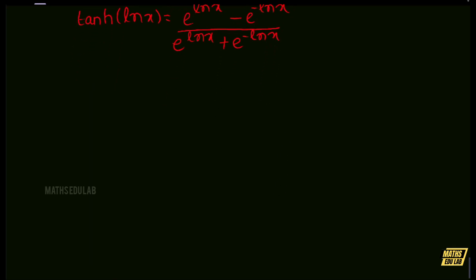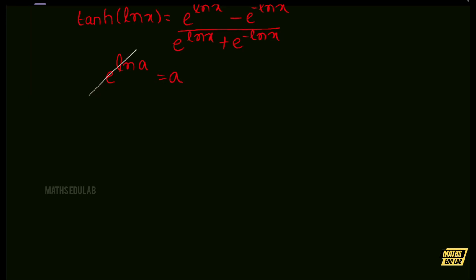Then we know e to the power of ln a will be a, so we can cancel out and get the value as a.